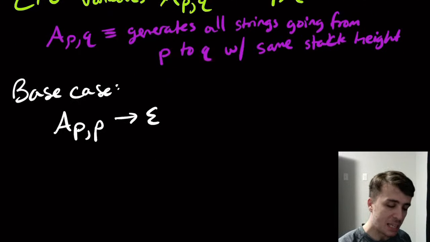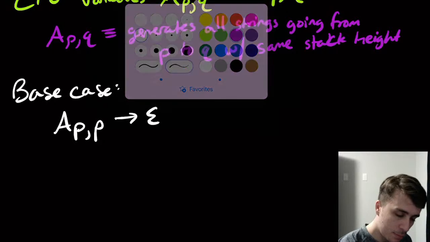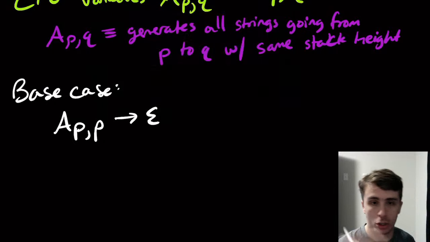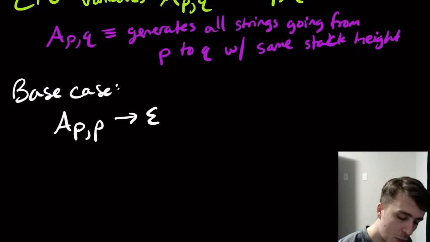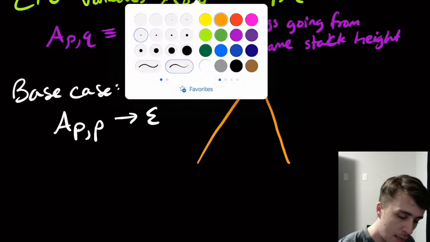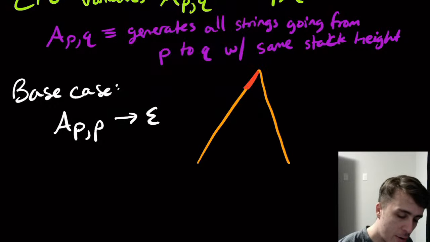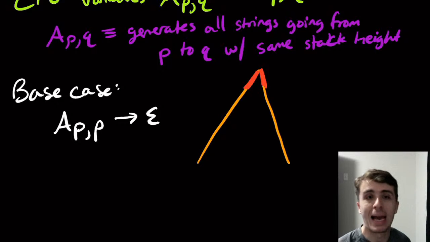Why is this a base case? Because if you think about that picture with all of the little mountain looking things, if you focus on one mountain right here, and you focus on the very, very top of the mountain, so this part right here, the snow caps, or I guess red caps, so to speak.